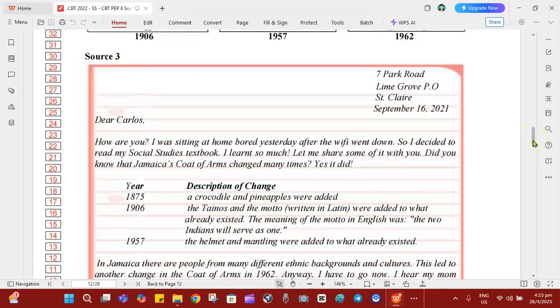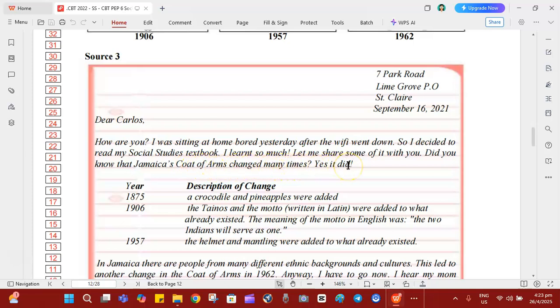Alright. Source 3 is a letter. 7 Park Road, Lime Grove, P.O., St. Clair, September 16, 22. Dear Carlos, how are you? I was sitting at home bored yesterday after the Wi-Fi went down. So I decided to read my social studies textbook. I learned so much. Let me share some of it with you. Did you know that Jamaica's coat of arms changed many times?